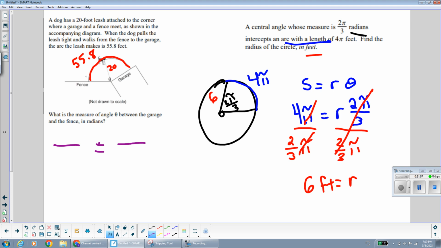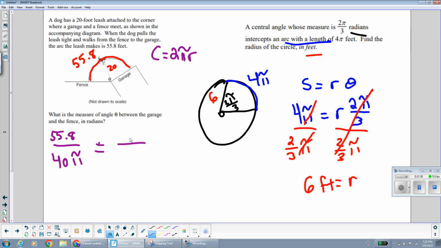So the arc length of this part of the circle is 55.8. And then the total circumference goes on the bottom. And the radius is 20. 20 times 2 is 40. So the circumference would be 40 pi of the entire circle that's not drawn here.